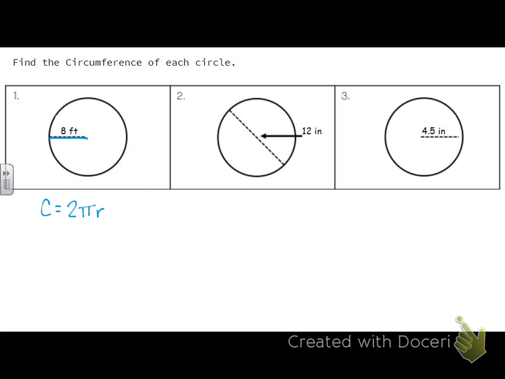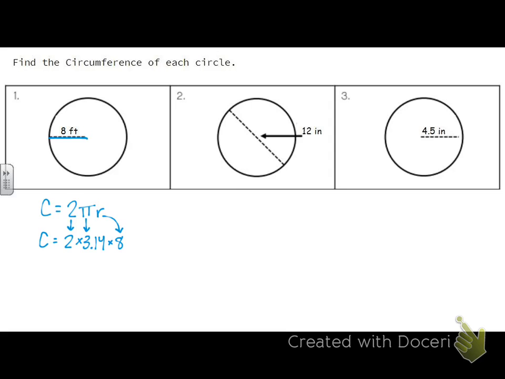So here we're looking for circumference, so C is our unknown, and we're going to leave it as C. I'm just going to bring down my 2 because it's a constant. For pi, I'm going to approximate that as 3.14. And then my radius from my problem was 8.